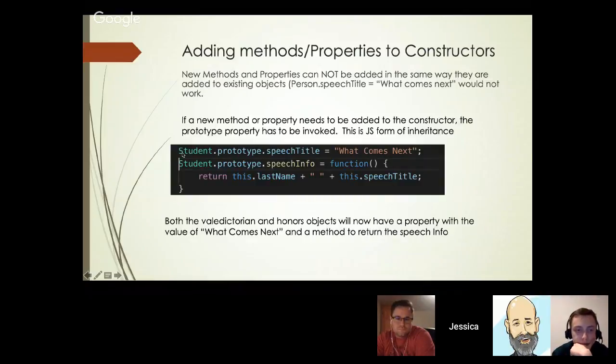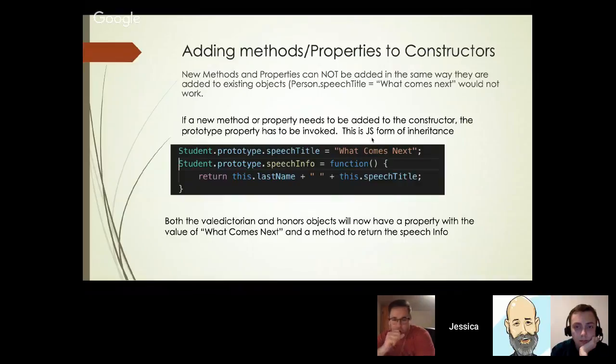Here's our student constructor again, and then you would add student.prototype.speechTitle equals what comes next. And then student.prototype, same thing with the method, speechInfo, so here's my function. Now both the valedictorian and honors objects would have both of these. The speech title would be set to what comes next for both of them.